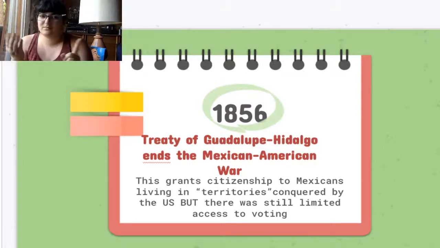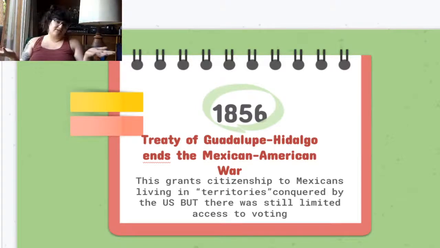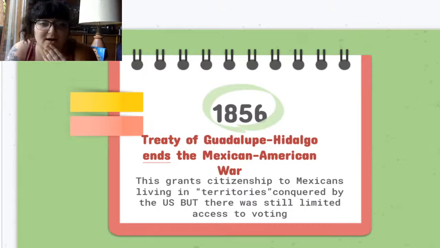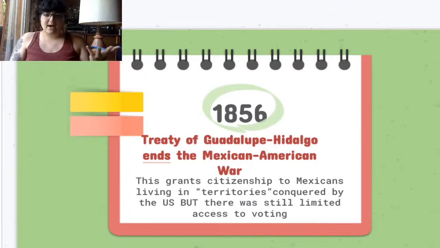So if all of a sudden you found out, oh, my house that I've lived in forever is now a part of America and I can have a say to vote, well, now I have to learn a whole new language. And so there were limits on who could vote based on the language that you spoke. This is another instance where there were a lot of English language requirements.